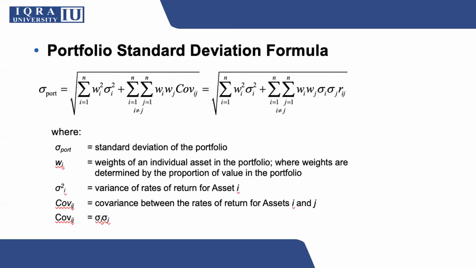Secondly, you will need the covariance or correlation of the securities that you will put in the formula. If you have covariance, you can use that, or if you have correlation, that might also be used. So it's your plan which formula you use.